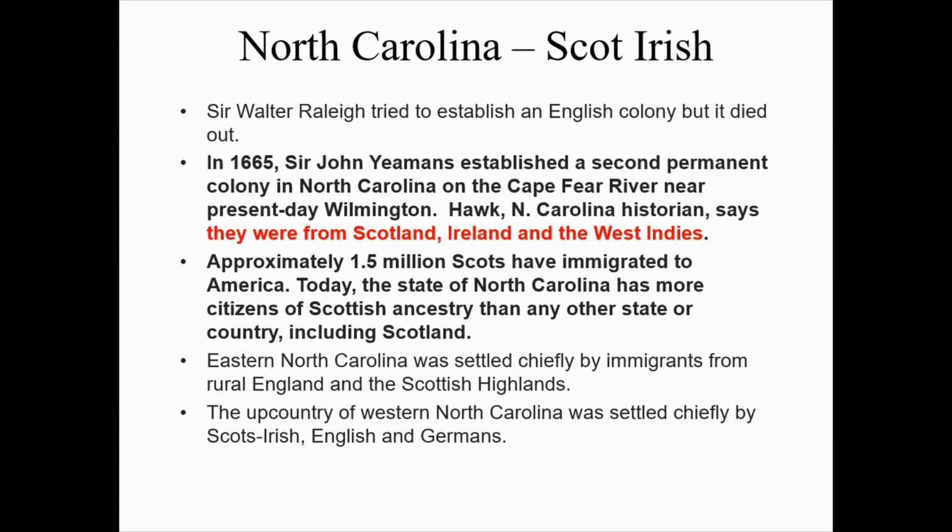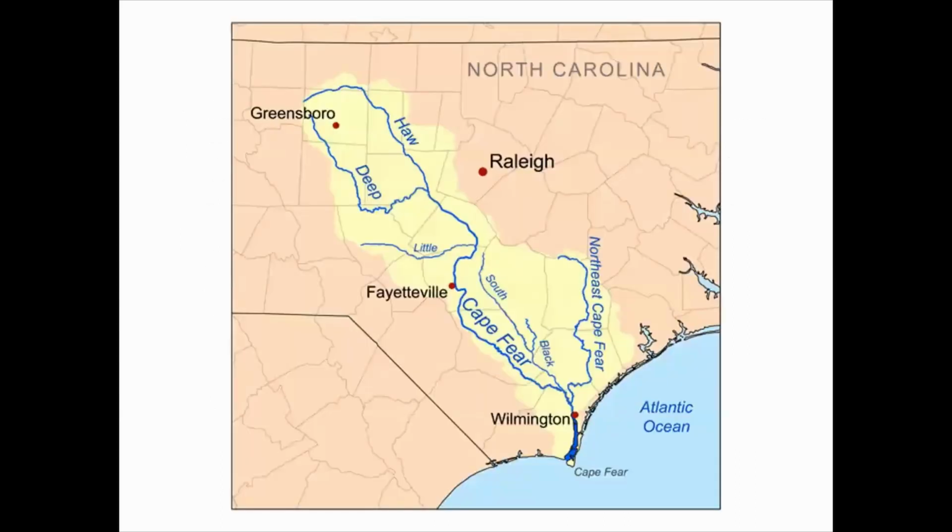Approximately 1.5 million Scots have migrated to America. Today, the state of North Carolina, as we mentioned, has more citizens of Scot ancestry than any other state, including Scotland. How interesting is that? And many of these people would be called the Highlanders. You can see this river right in here. This is where they settled.